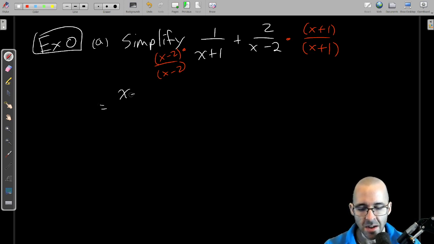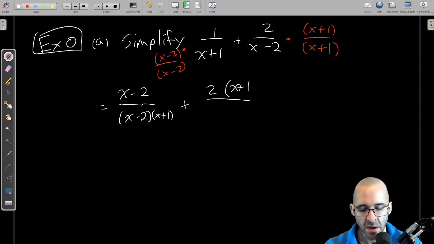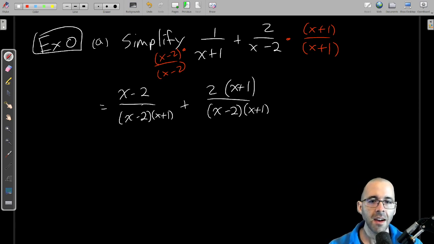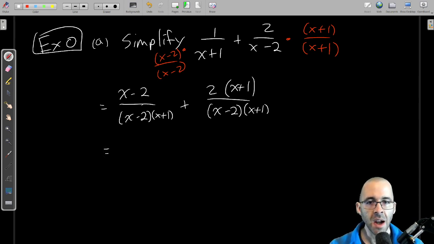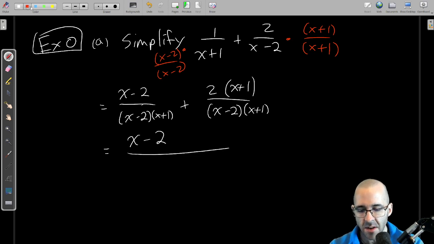So that'll give us x minus 2 divided by x minus 2 times x plus 1, plus 2 times x plus 1 over, again, x minus 2 times x plus 1. Great. Now we can add them together, no problem. When we add them together, we add the numerators together and the bottom stays the same. And let's also distribute while we're at it.